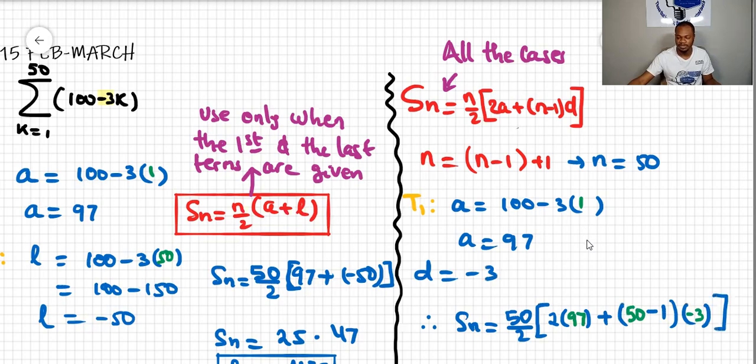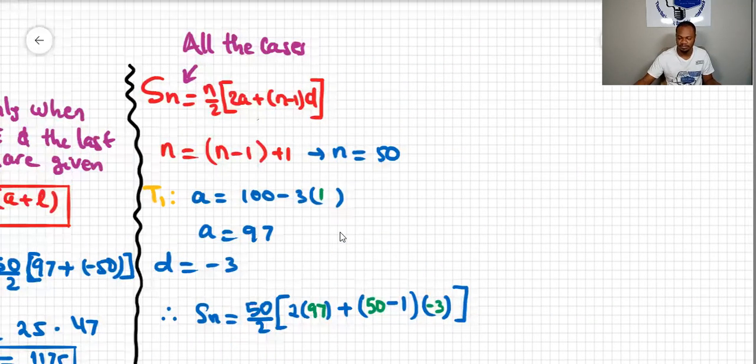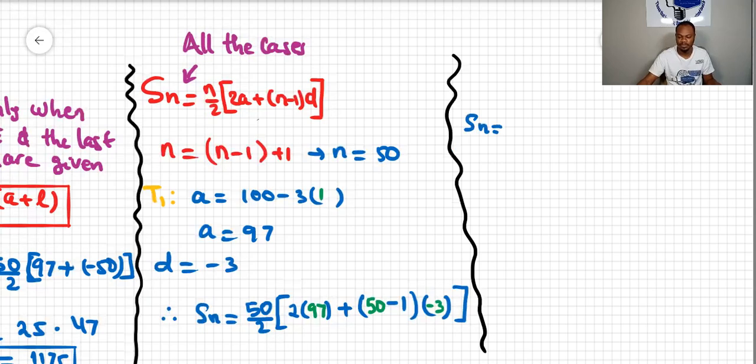Now, if we calculate this, Sn is equal to 25 times, what? 2 times 97 is 194, and then plus 49 times -3.